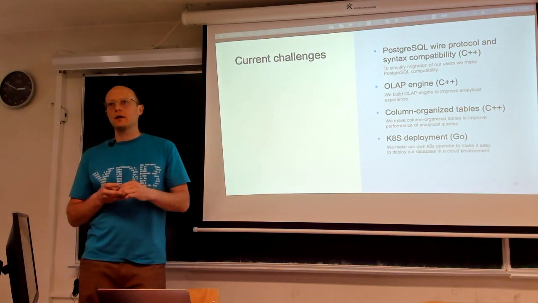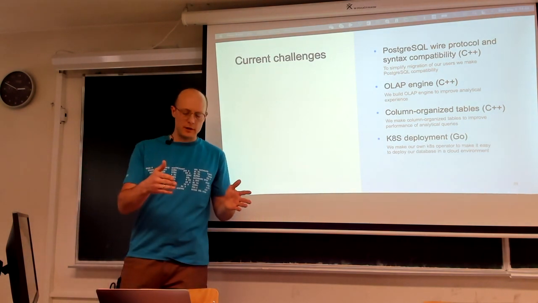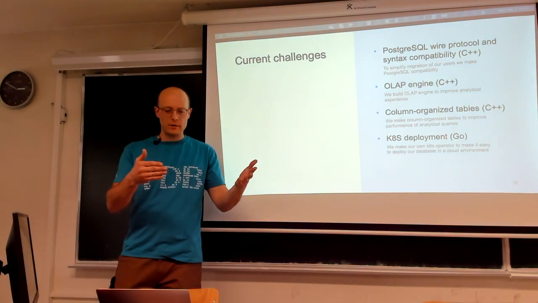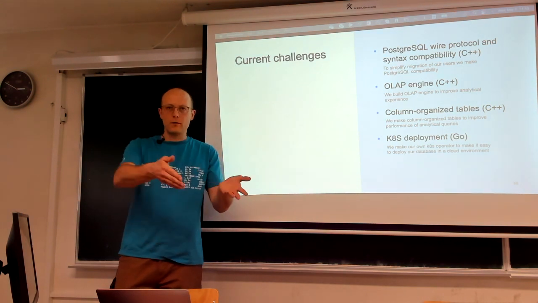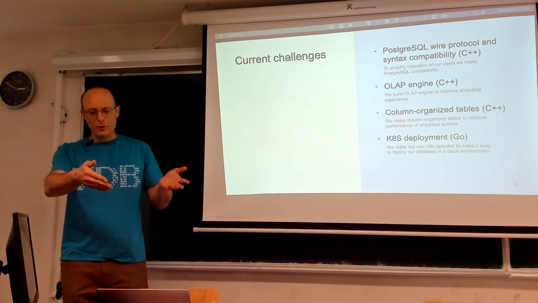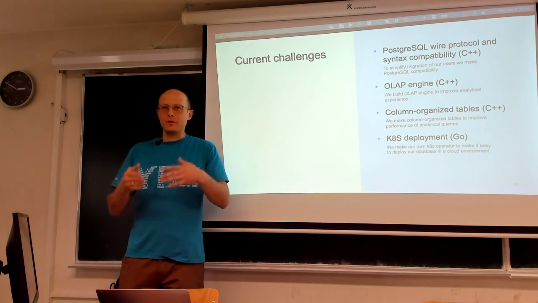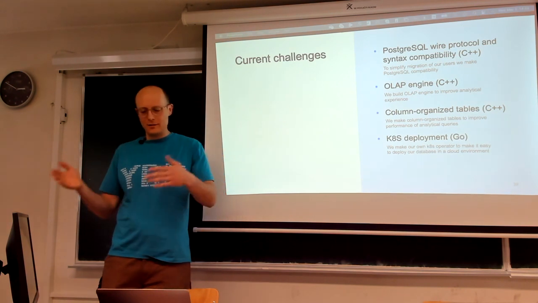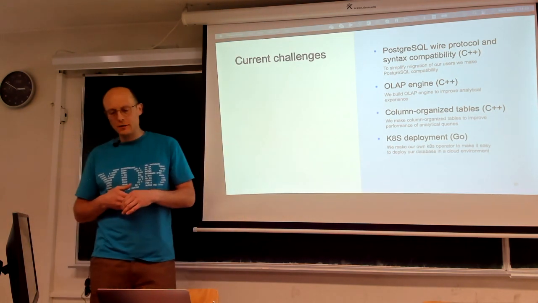The second interesting thing is that when people transfer their transactional load to your database, they start asking, okay, so here are my transactions. How can I run queries that will look through millions of these rows and get some aggregation? But it's pretty hard to run analytical loads and transactional loads on the same system, on the same data, without influencing transactions.